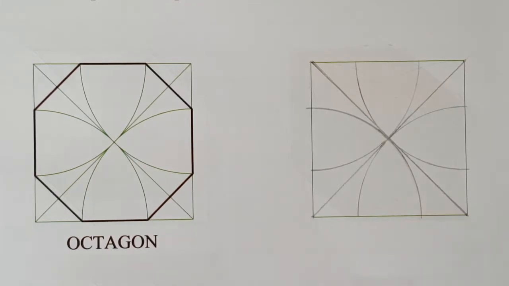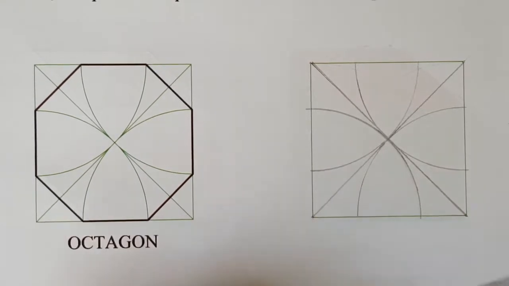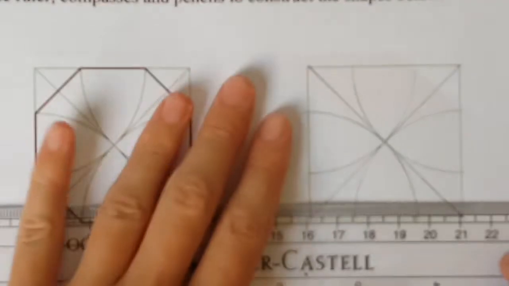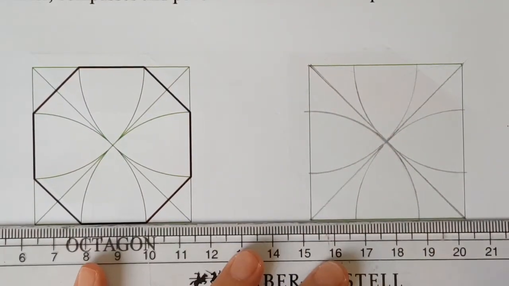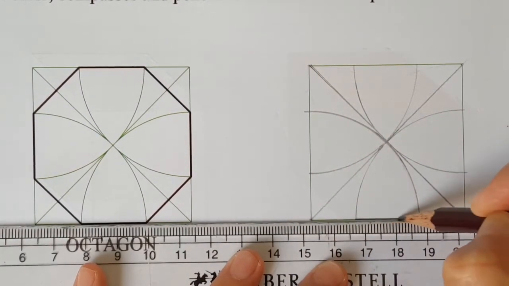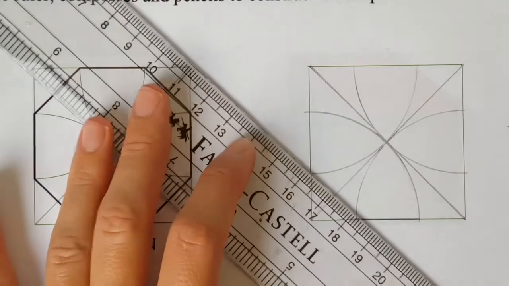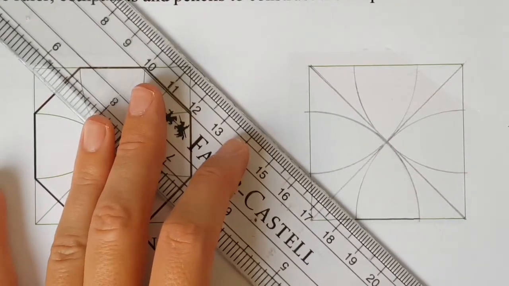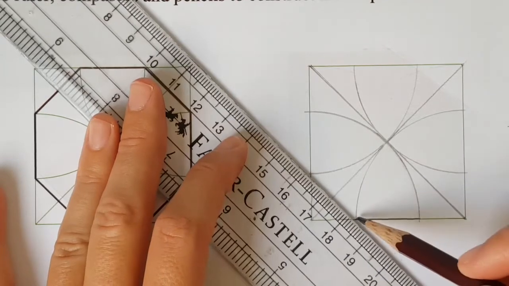Now let's connect the intersections one after the other. Let's start with the baseline of the octagon. Then let's continue with the angled line. Then continue the same way.